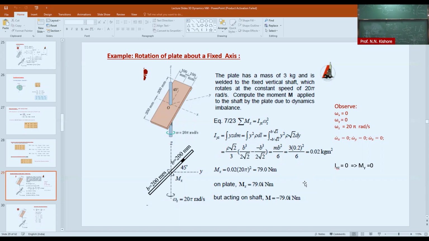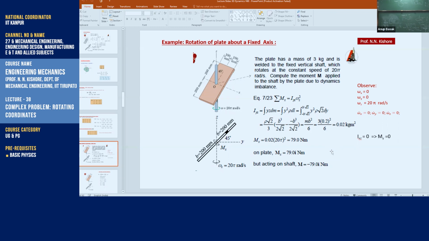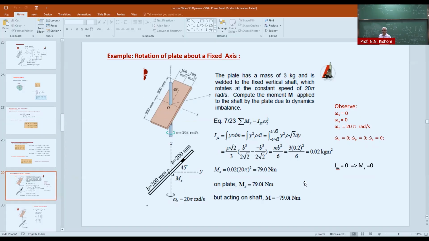I need a moment Mx for the plate to rotate in an eccentrically mounted way. What is it that I require? Please, you have done statics so much. Now you're experts at statics and dynamics. Is it Fx, Fy or Fz? The moment divided by the distance between the supporting points A and B.